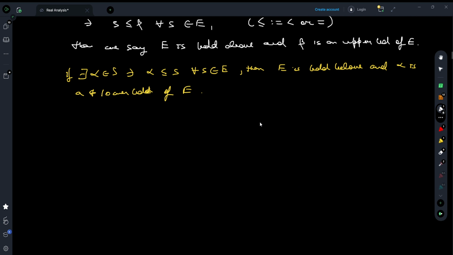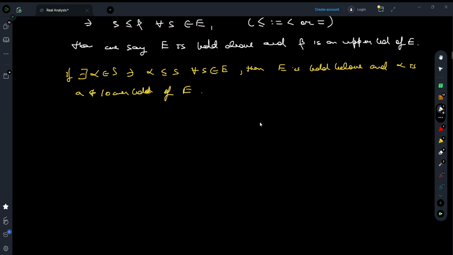Now, in this case, suppose you have an ordered set S and you have a bounded set E. Suppose E is bounded above. We say a set is simply bounded if it is both bounded above as well as bounded below.